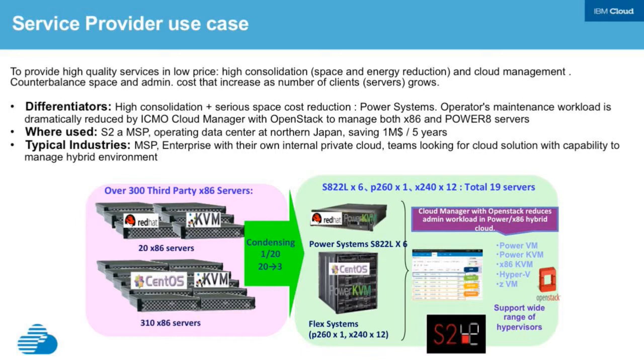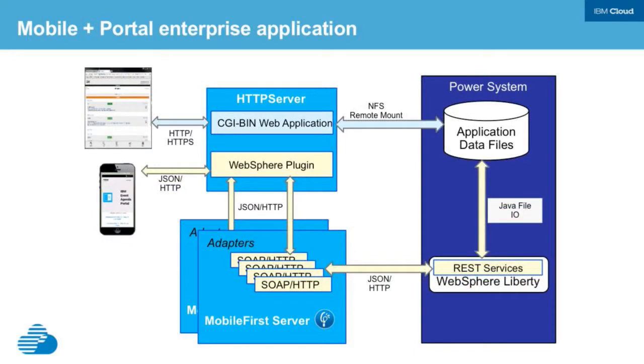The second example I took is an interesting mobile and portal enterprise application. This is probably a typical diagram of an application that will do mobile and portal with a database and a bunch of mobile applications. It carries WebSphere, which is the IBM Java engine, MobileFirst, which is the IBM mobile server, and it runs on Power Systems.